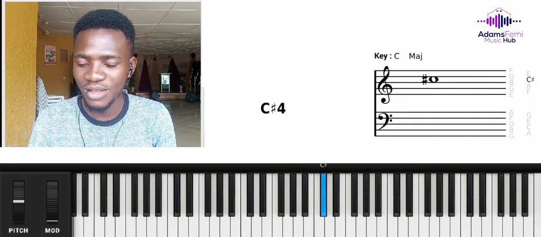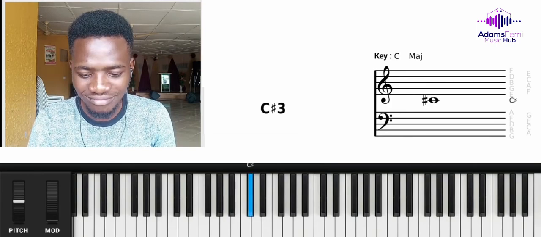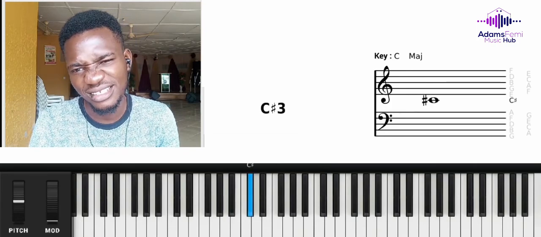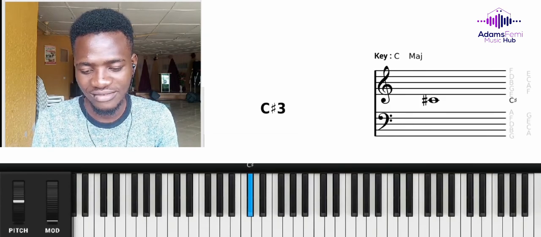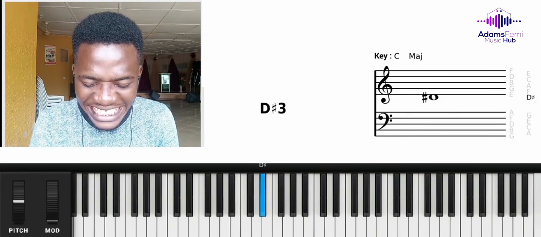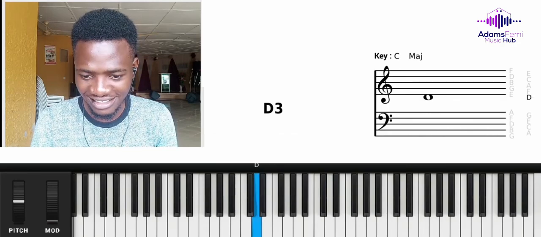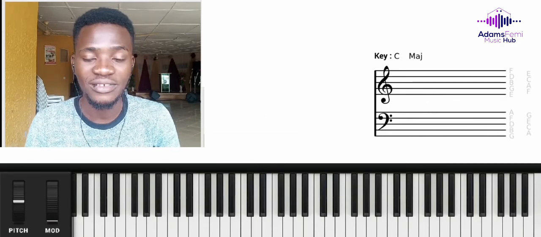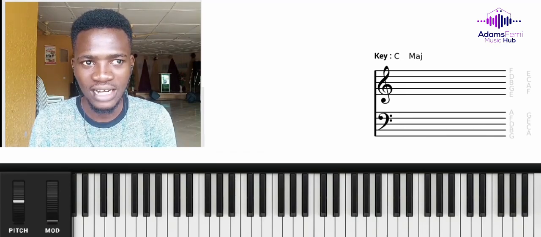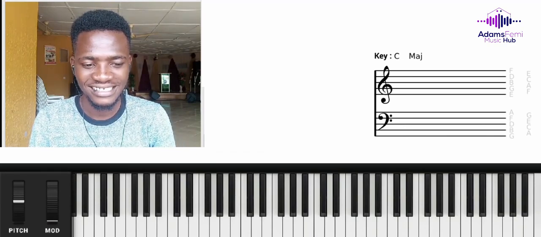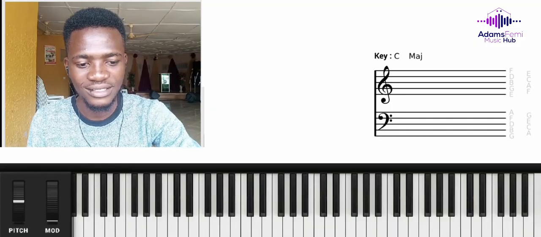Then by notation, we have what? C sharp. Okay, now this is C sharp. The next note, which is this, is what? D sharp. Because this is D, we have D sharp. Okay, let's just leave it at position and solfa note. I will explain further in our class on Saturday by God's grace.